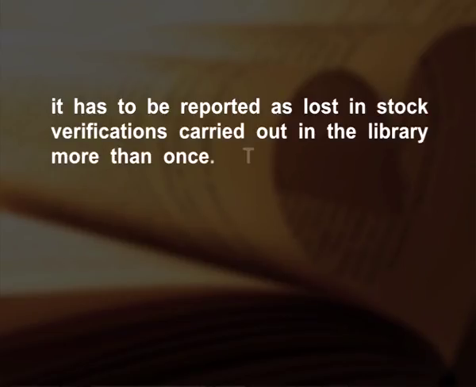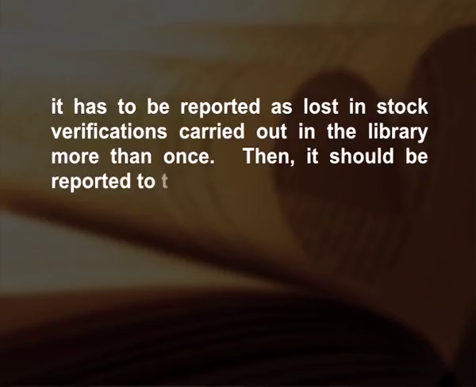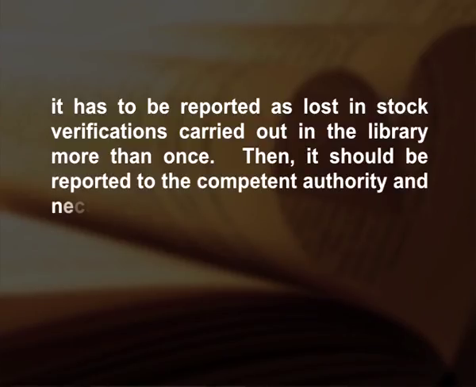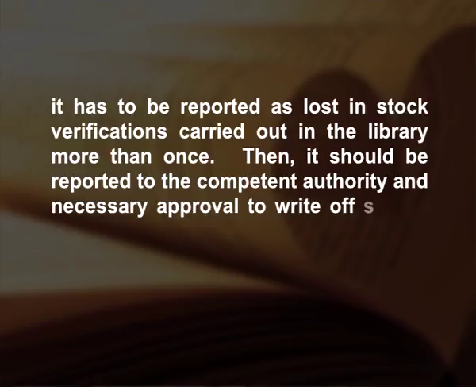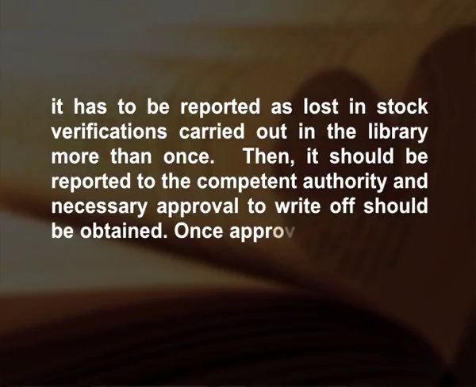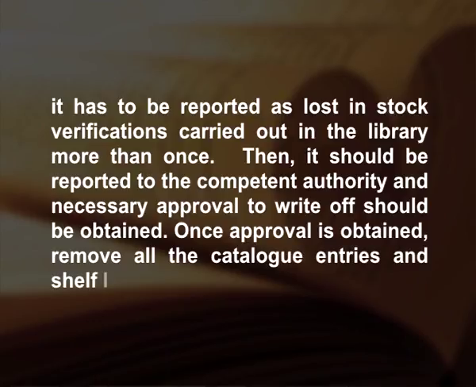In order to write off books, certain procedures have to be followed. First of all, it has to be reported as lost in stock verification carried out in the library more than once. Then it should be reported to the competent authority and necessary approval to write off should be obtained. Once approval is obtained, remove all the catalog entries and shelf list related to the books.